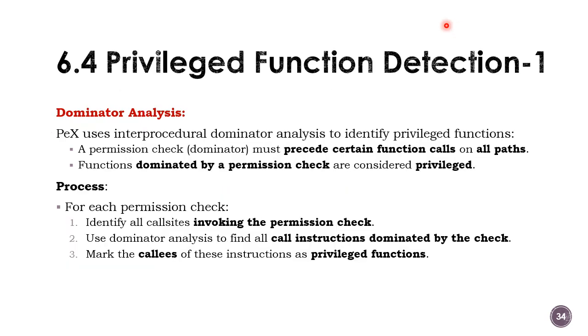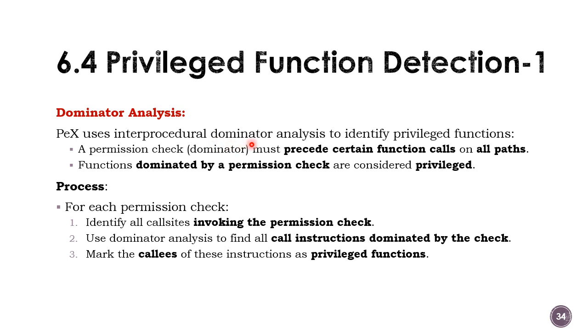For the next part, we will discuss how PACS detects privileged functions. We also mentioned before that the privileged function detection in PACS is called dominator analysis. The term dominator analysis is basically describing the relationship between permission check and privileged function.